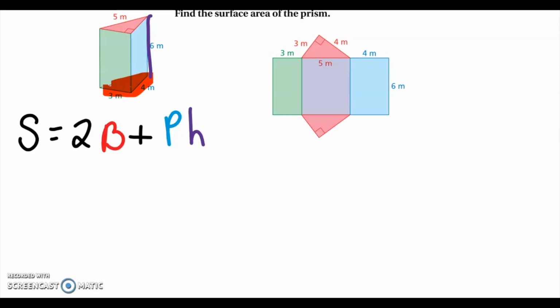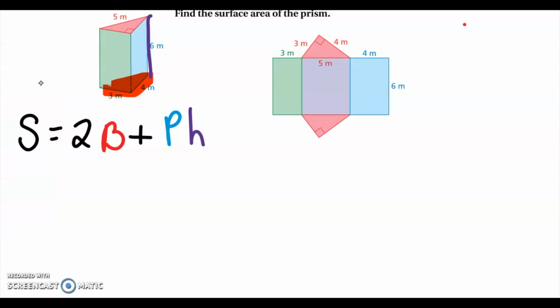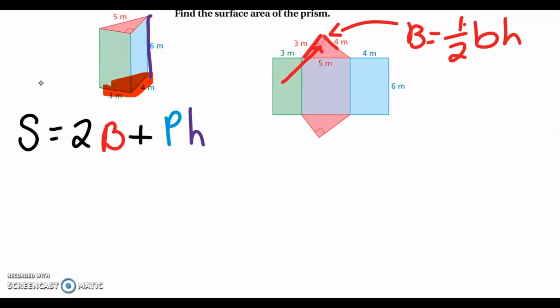So we're going to start with our base shape. Now this time our base shape is a triangle. So I need to think how I find the area of a triangle. The area of a triangle is 1/2 base of the triangle times height of the triangle. And remember back when we learned about triangles, we focused on that right angle. So that tells me my base and my height are 3 and 4.